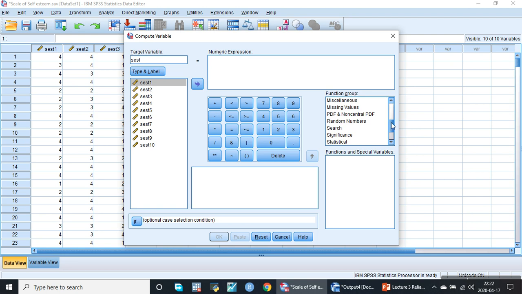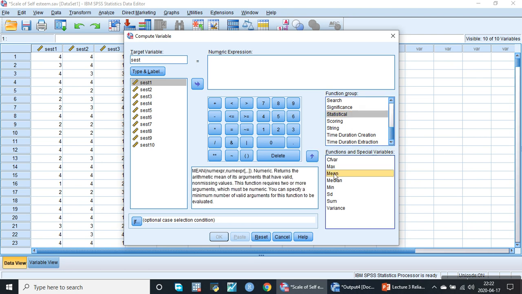Then in the function group, we will click on statistical, and in statistical we will double click on mean. When we double click on the mean, the numeric expression will show the mean. We will remove the question marks from here, and then we will shift all of the questions one by one with a comma between every question.